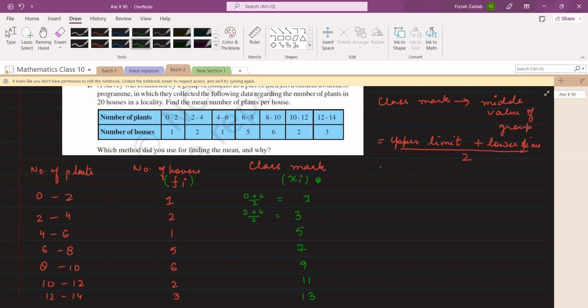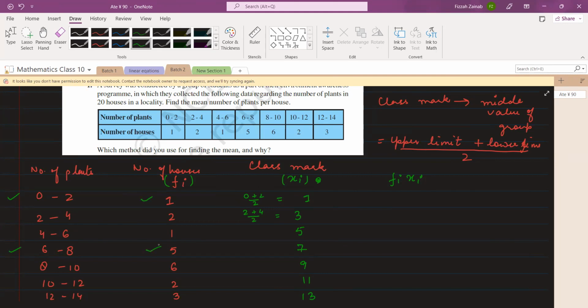Okay. Now you find fi into xi, so you multiply them. Now what is this i? That means if you are taking the first group, you will multiply the frequency of the first row. If you are taking the fourth row, you will multiply the frequency of the fourth row only.